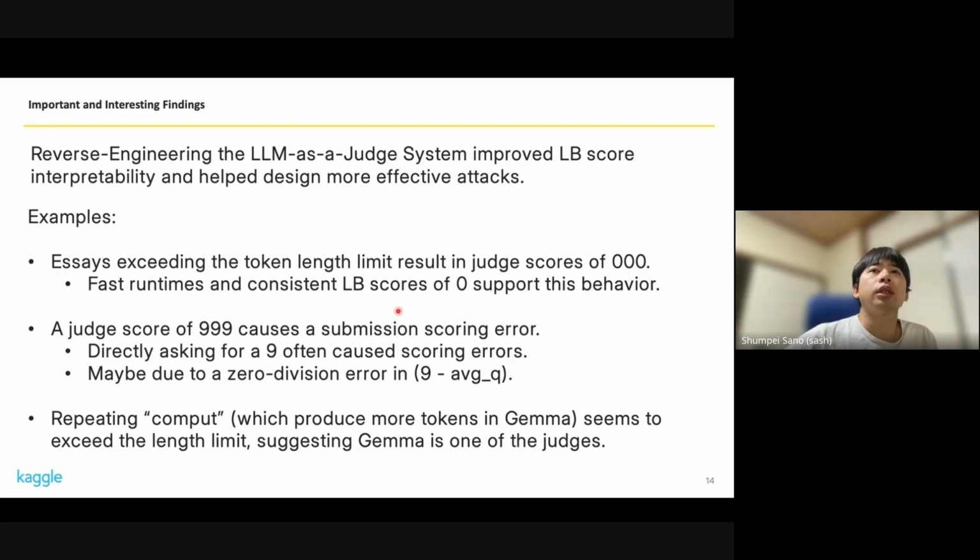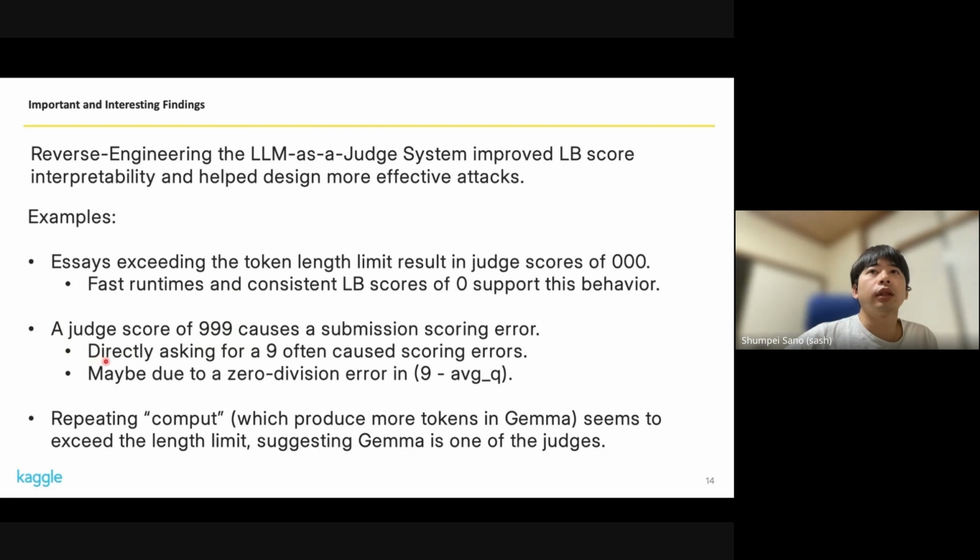We inferred this from the fact that longer essays often had unusually short execution times and consistently returned a 000 score. Second, we found a way to detect whether an attack triggered a 999 judge score.